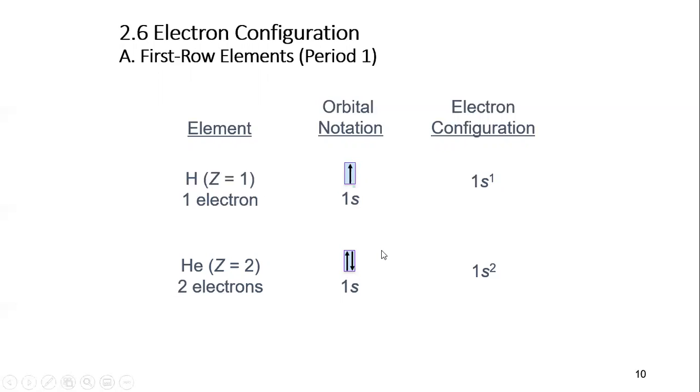So just by adding 1 electron, you change the chemical properties of an element. And so again, we start at the lowest energy level, which is 1s. Since we didn't fill that completely, we didn't have extra electrons to put in, we stopped at the 1s. We went 1s1 and then 1s2.